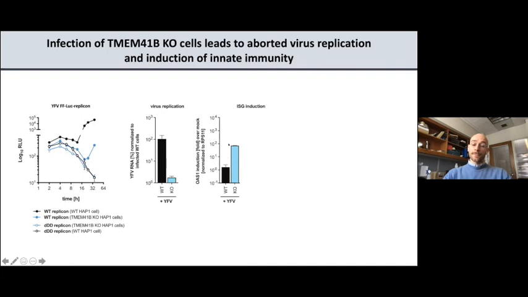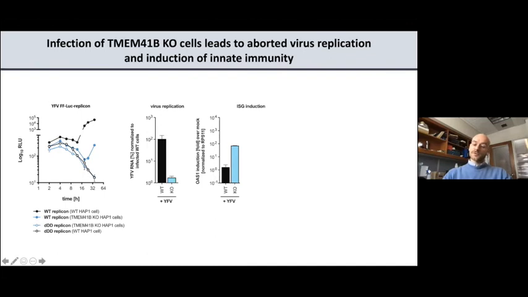But interestingly, if we measure the induction of innate immunity, you can see that these knockout cells, despite having very little RNA replication, show a high induction of innate immunity, indicated here by measuring OAS1, which is one of the key genes upregulated as an interferon stimulated gene.